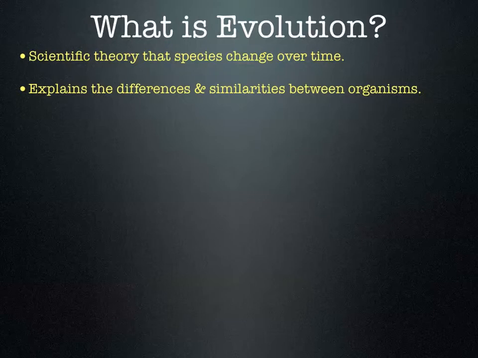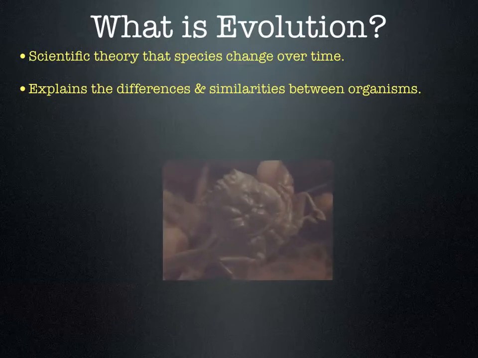And evolution can help us understand why they have these different characteristics and traits that help them to be successful in their environment. We'll be talking about lots of examples, and we will be studying exactly how this happens when we talk about natural selection. But just to introduce, I want to show you this video clip of an example of evolution.